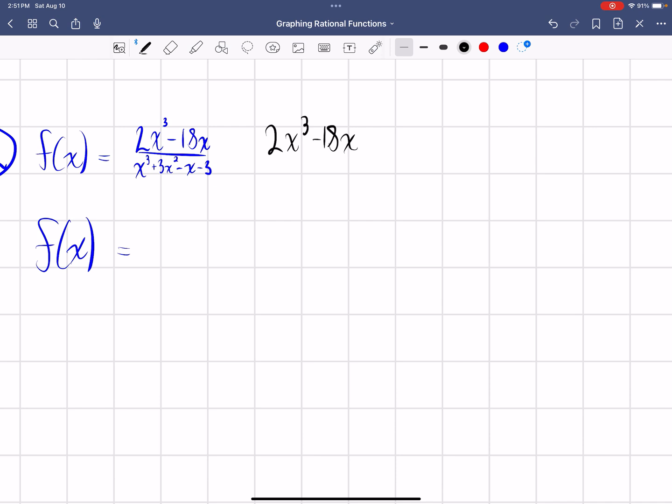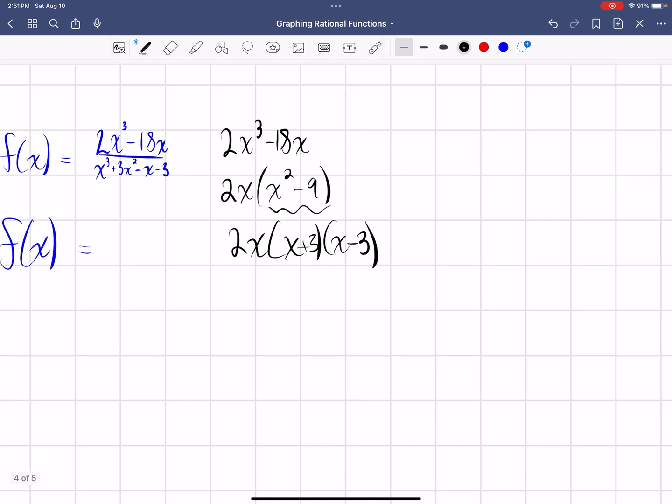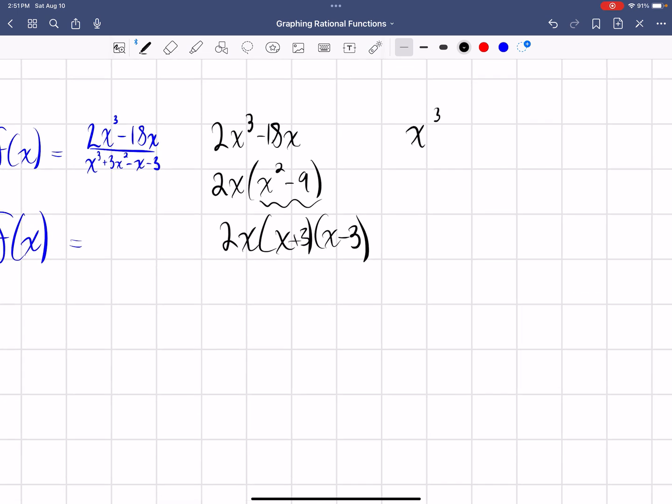So first we can pull out a GCF of 2. Oh, sorry, no, the GCF is 2x. I can do better. So 2x times x squared minus 9. And I can factor that even further because this is a difference of squares. So I ultimately get 2x times x plus 3, x minus 3. So that's the numerator. The denominator, which was x cubed plus 3x squared minus x minus 3.